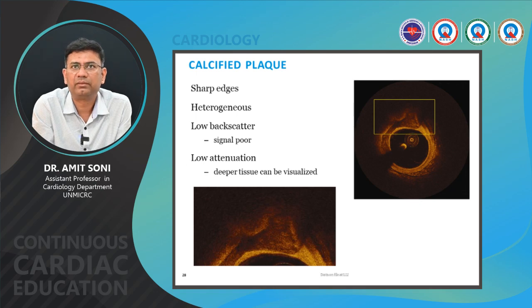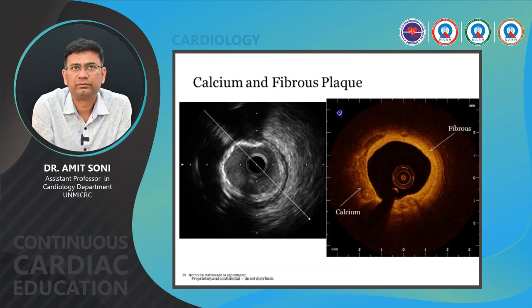This is signal-poor, with low attenuation, so deeper tissue can be visualized. Low attenuation and low backscatter are characteristic of calcium and calcified plaque.